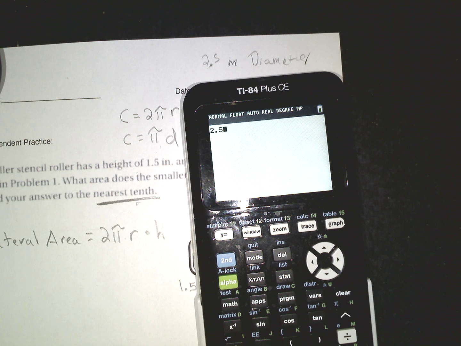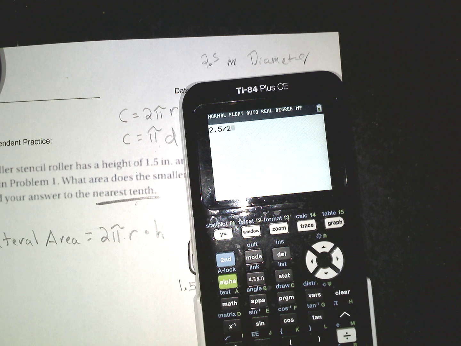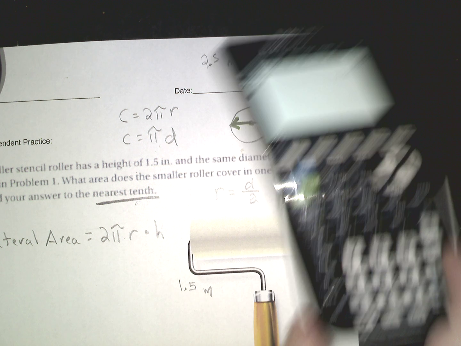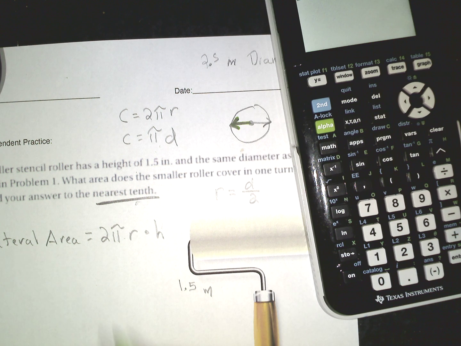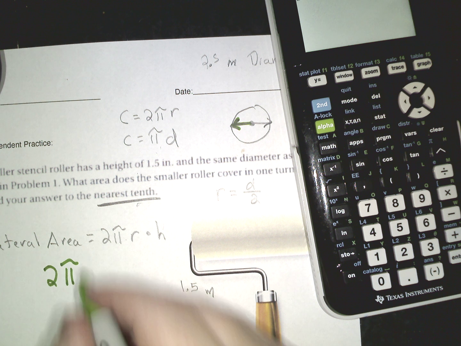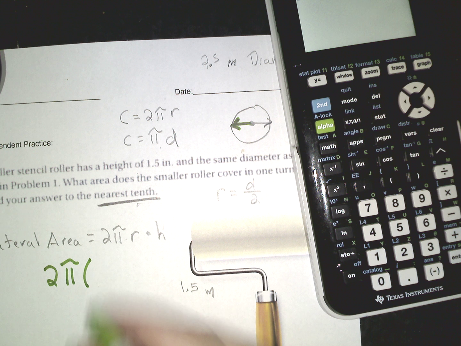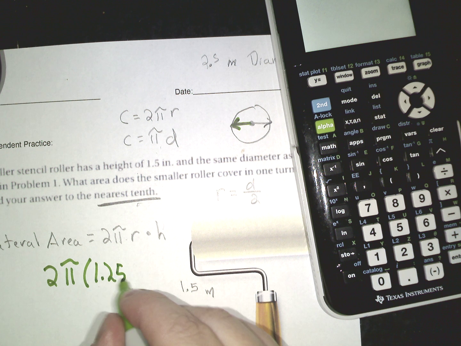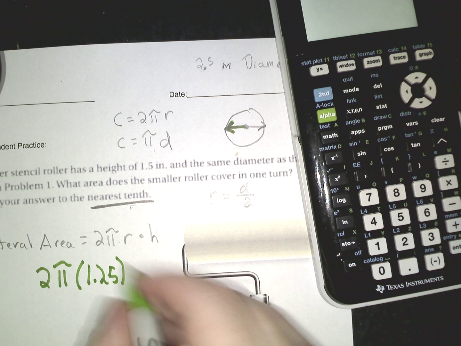It's easier to figure out the radius from the diameter than to remember two formulas. Always know how to get a radius from a diameter. Radius, diameter divided by 2, is 1.25. So here's my information: 2 pi, my radius is 1.25, and my height is 1.5.